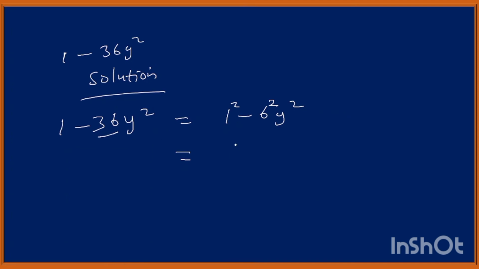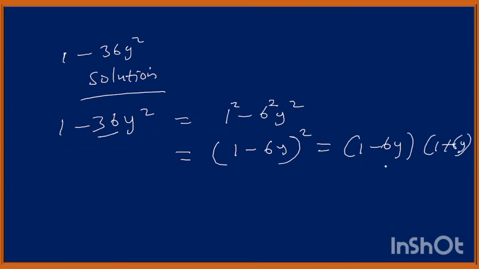This is the same thing as saying 1 minus 6y all squared. I've taught this in laws of indices. So this is 1 squared minus 6y squared, which is a difference of two squares. That will give me 1 minus 6y into 1 plus 6y. So that is the answer.